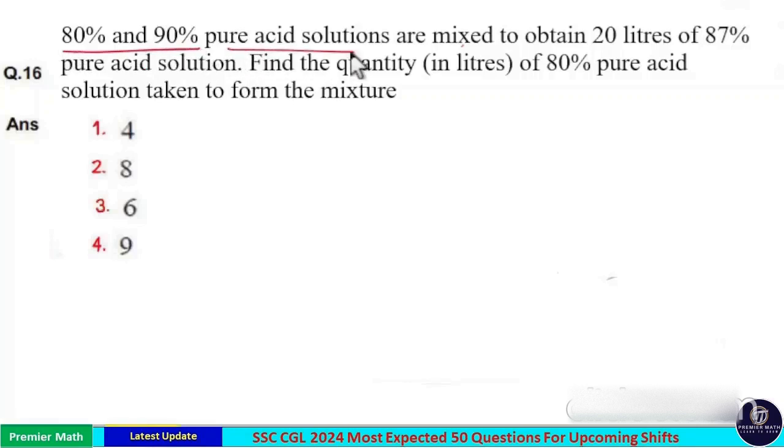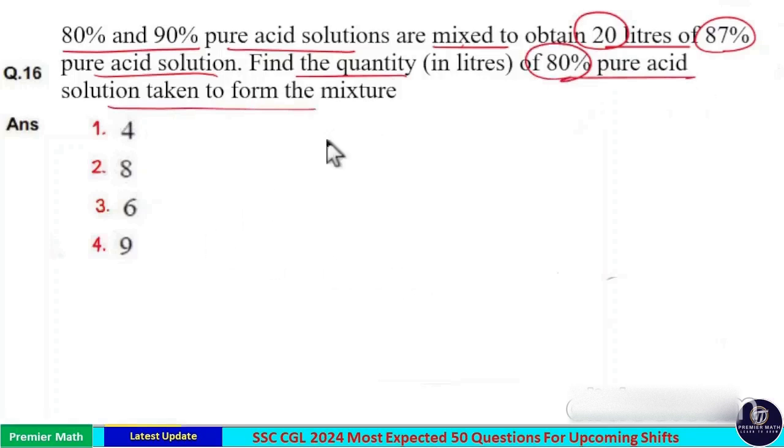80% and 90% pure acid solutions are mixed to obtain 20 liters of 87% pure acid solution. Find the quantity of 80% pure acid solution taken to form the mixture. Here 80% solution and 90% pure acid solution combine together to form 87% pure acid.